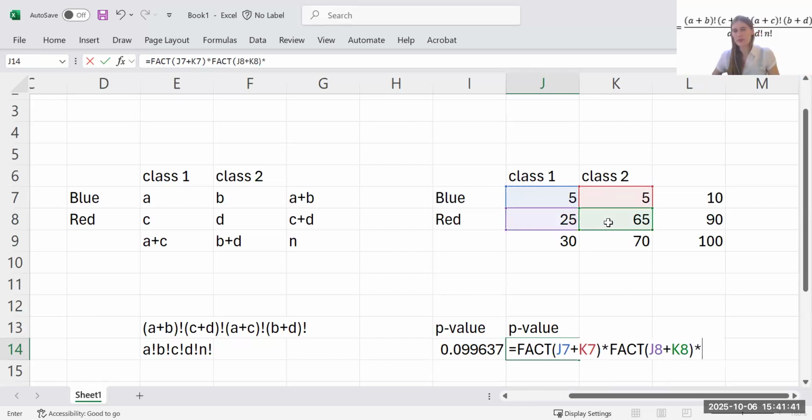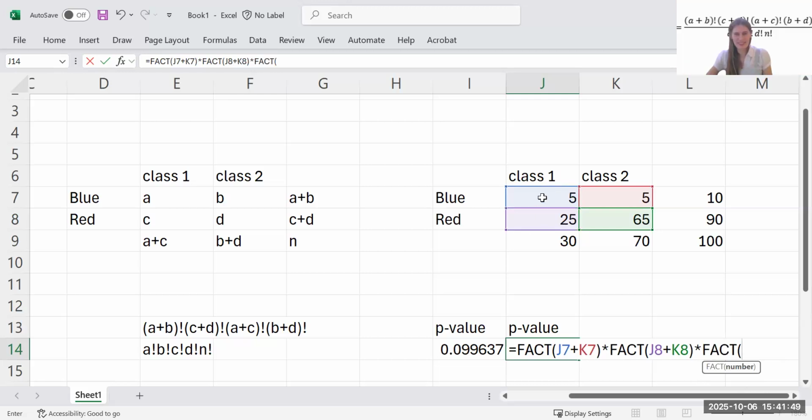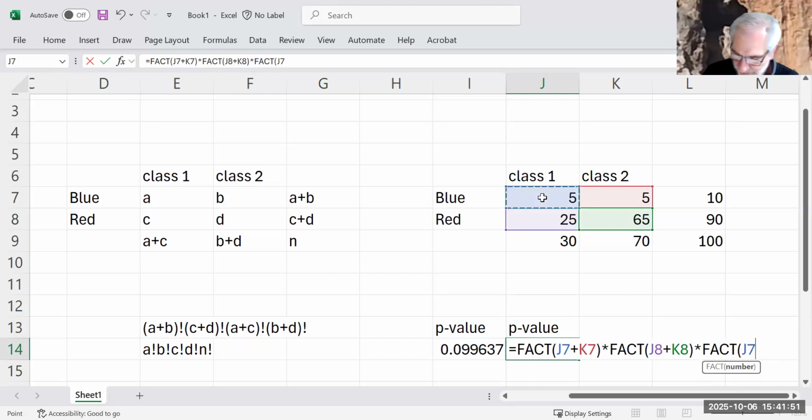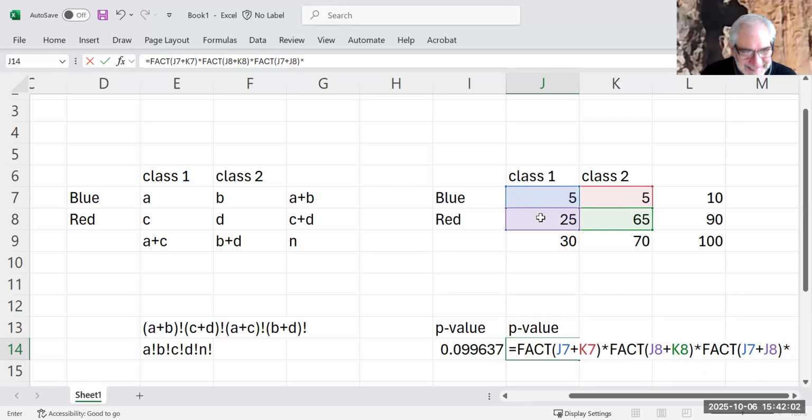Now you've got to do the columns. Fact, A and C, A plus C. Close that, times fact, B plus D, the last one up top.